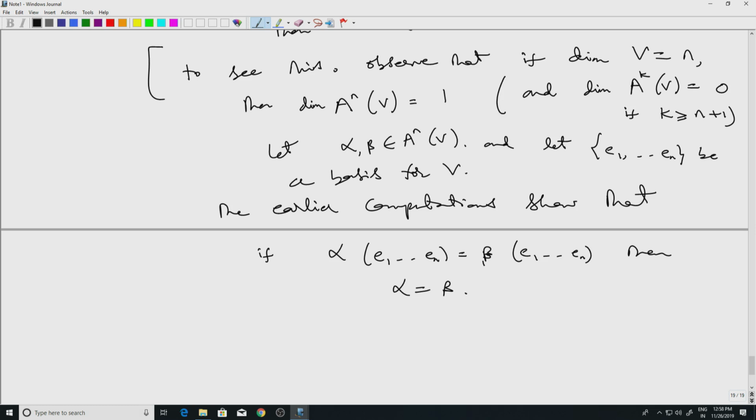And so now, if alpha is not equal to 0 and beta is not equal to 0, not only that, if these two are equal, then this is equal to this, and the value of alpha(v1, ..., vn) or beta(v1, ..., vn) is essentially a multiple of alpha(e1, ..., en). So if these are non-zero forms, then this specific number has to be non-zero.